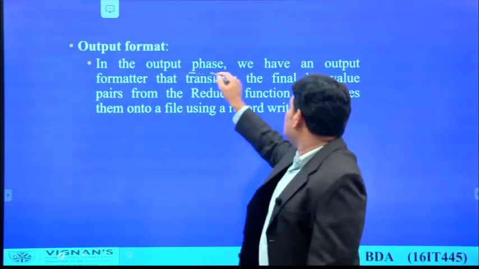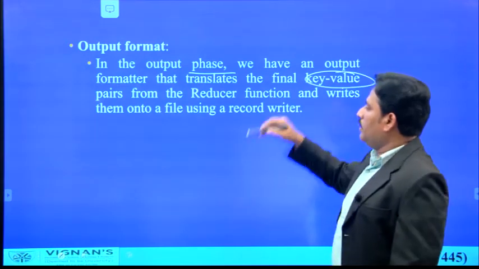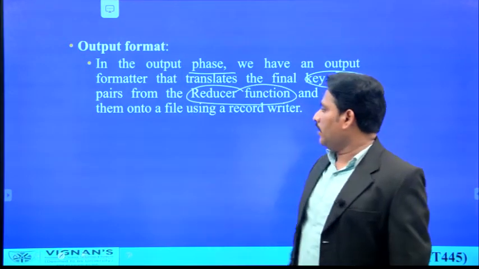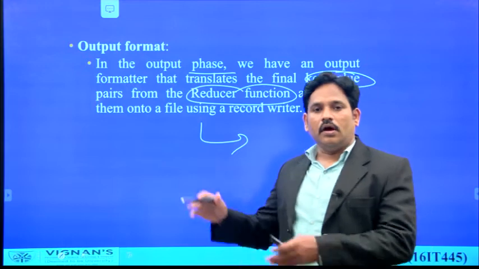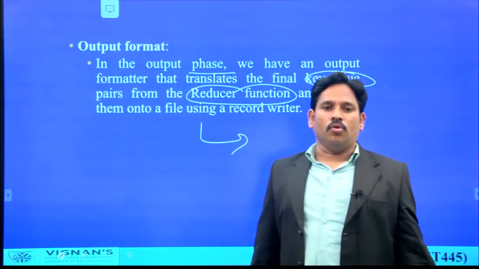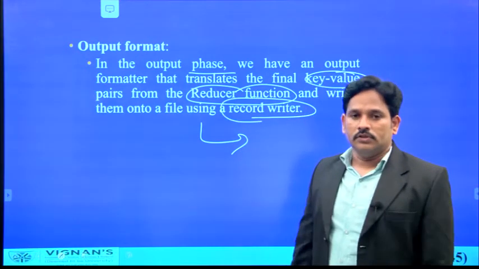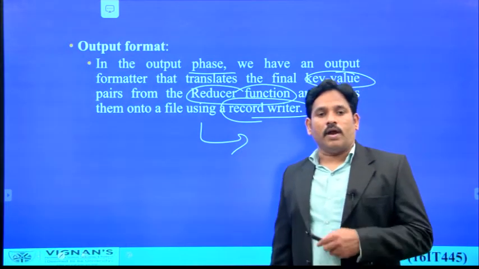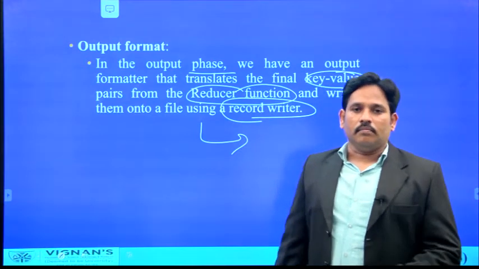In the output phase, we have an output formatter that translates the final key value pairs from the reducer function and writes them using the record writer. That means after completion of the reducer, the final output is written on the local machine using a record writer function. So this is the way of performing MapReduce data processing on any machine.